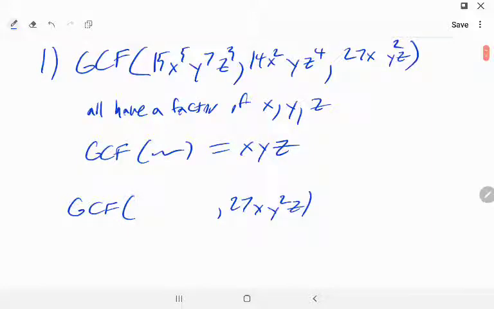We get the greatest common factor of 15x to the 5th y to the 7th z cubed and 27xy squared z: a common factor of 3, a common factor of x, a common factor of y squared, and a common factor of z. As you notice, obviously greatest common factor depends very much on which terms we're looking at.